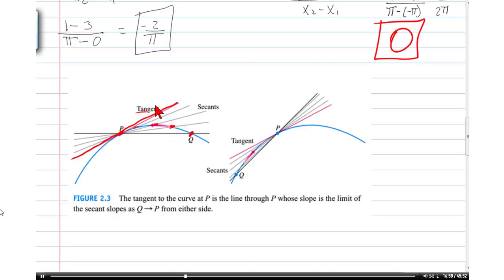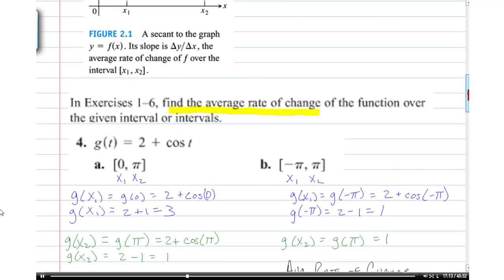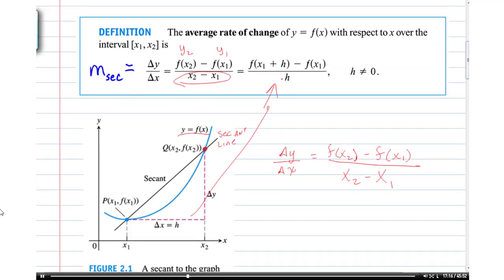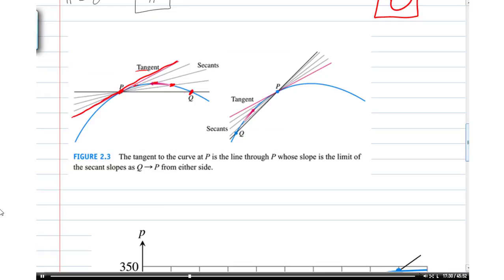And when I said calculus is the mathematics of change, we want to know what that instantaneous rate of change is. So how can we turn a secant line into a tangent line? Well, if you look at the slope here for the average rate of change, if I let h get closer and closer to 0, remember, h is the distance between the x values, as this distance between P and Q gets smaller and smaller, doesn't the secant line approach the tangent line?